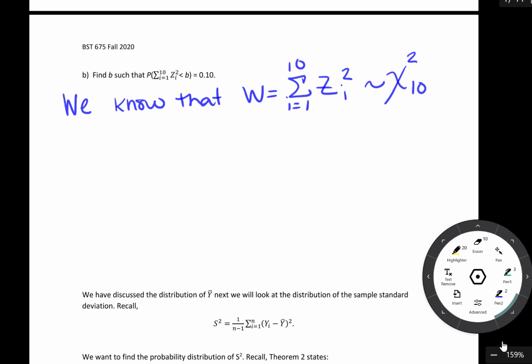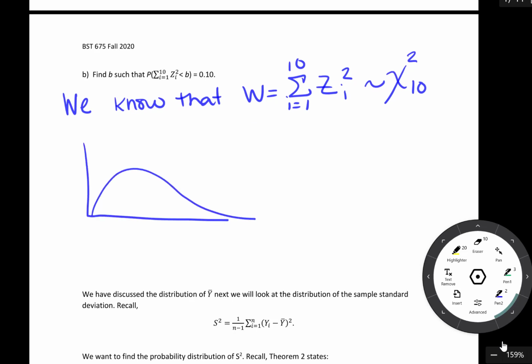If we draw our picture with our chi-squared distribution, at our endpoint b we've got 0.1 to the left of it. Again, you could use R to find this.